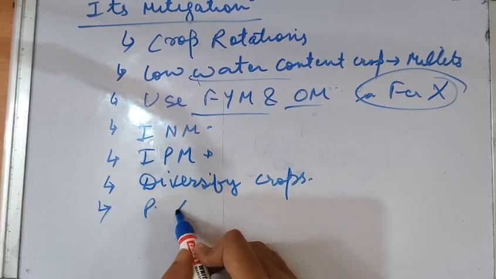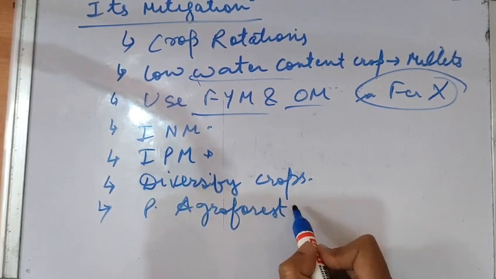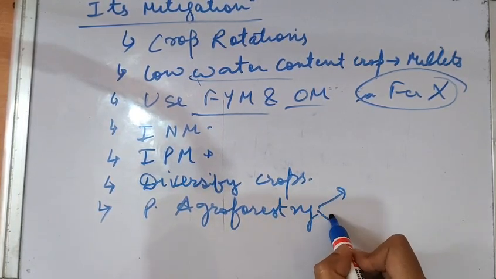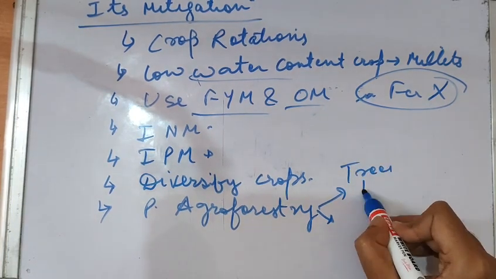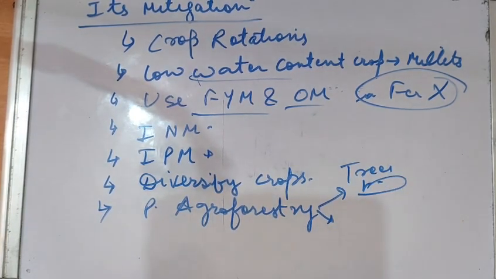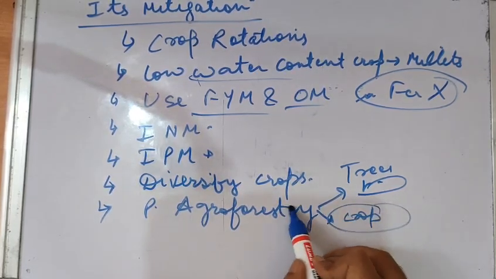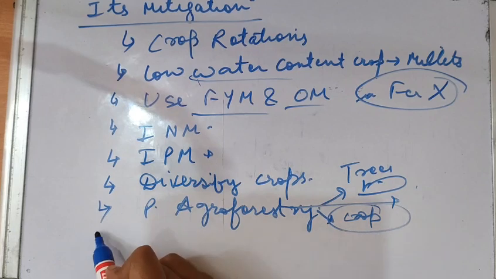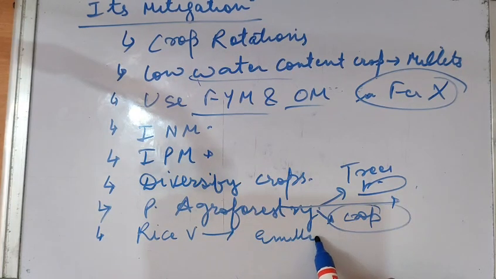We will practice agroforestry. What does agroforestry do? First of all, it diversifies our products. We get trees, timber and other non-timber forest products from trees, as well as crops. And also agroforestry reduces soil erosion, etc. Development of rice varieties emitting less methane.